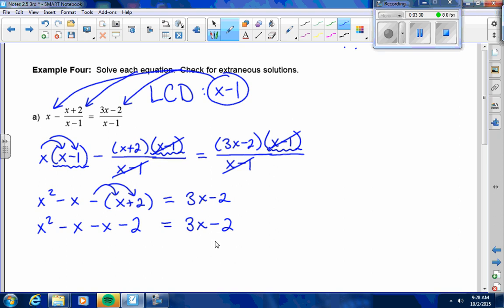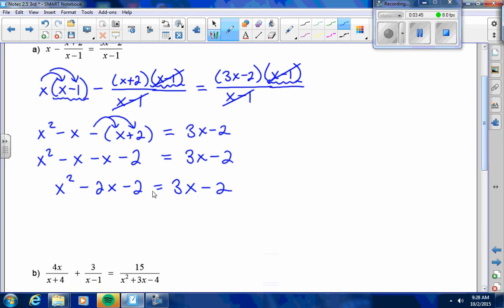Now we need to combine like terms. So looking on the left-hand side, I can combine negative x minus x. So that's x squared minus 2x minus 2 equals 3x minus 2. Move everything to one side. So I'm going to subtract 3x from both sides, and I'm going to add 2 to both sides.